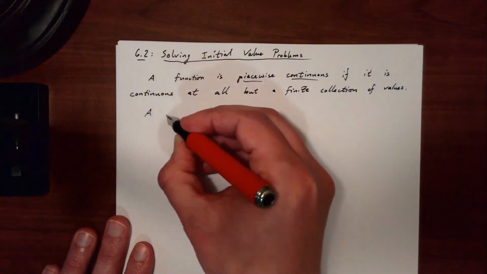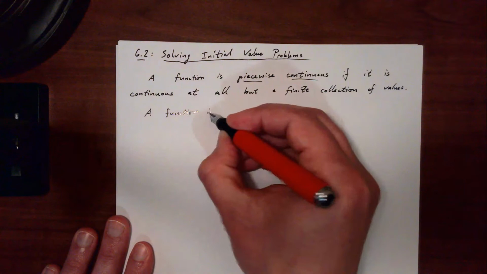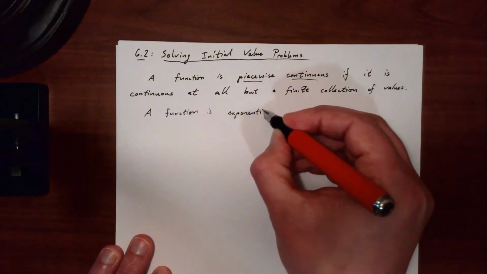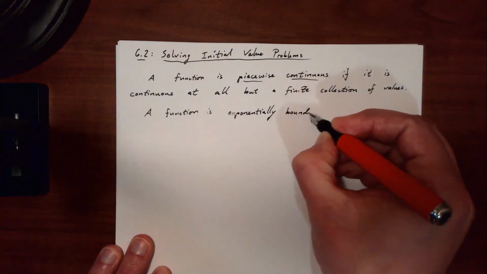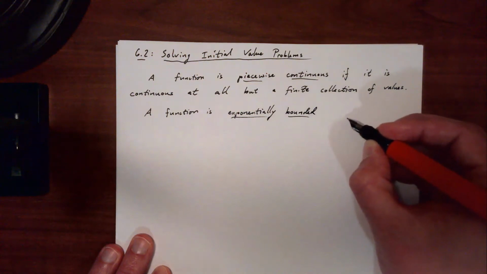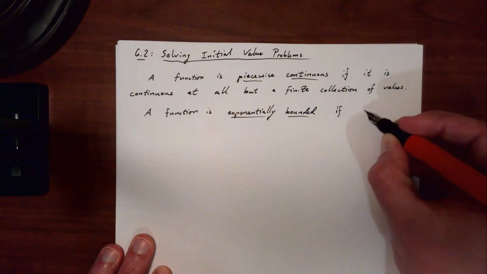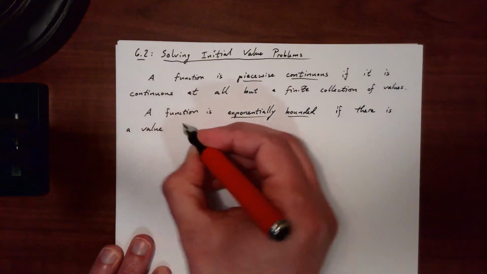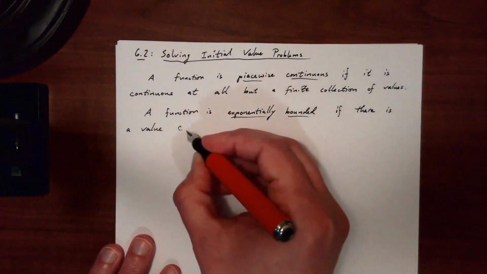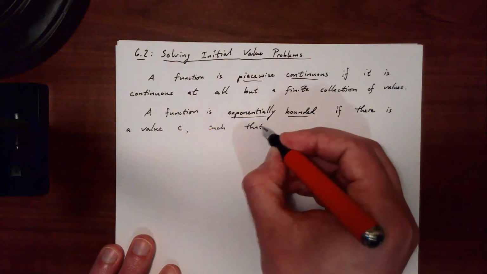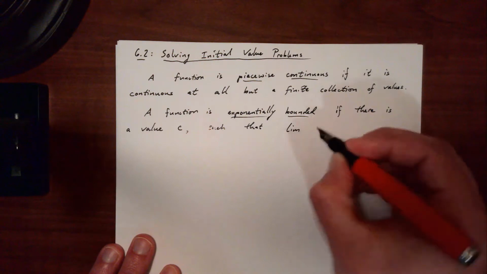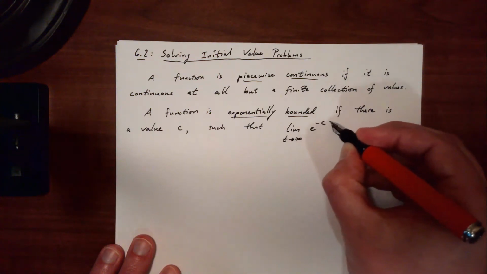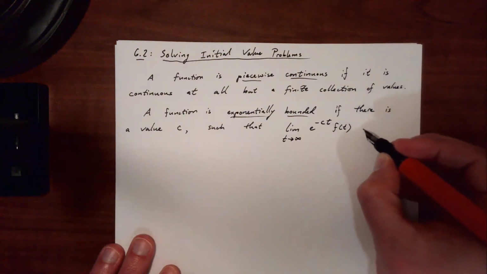Now a function is exponentially bounded if there is a value C such that the limit as t approaches infinity of e to the negative ct f of t equals 0.